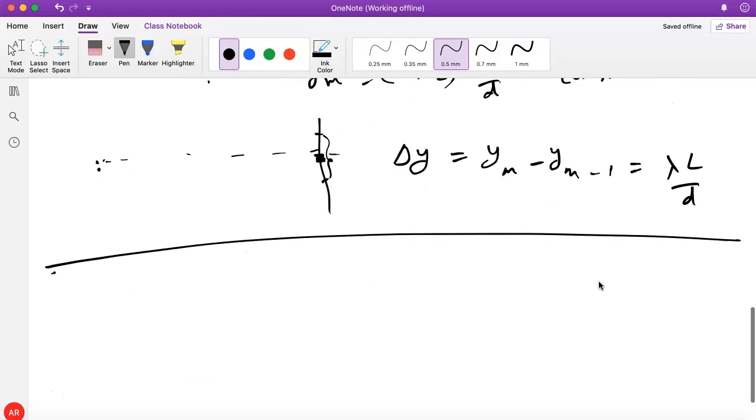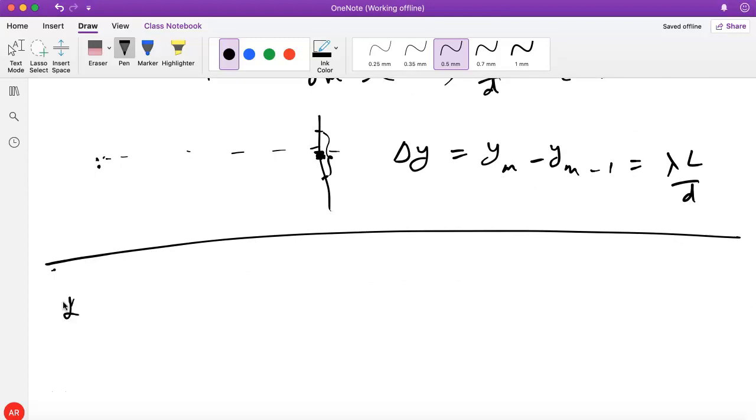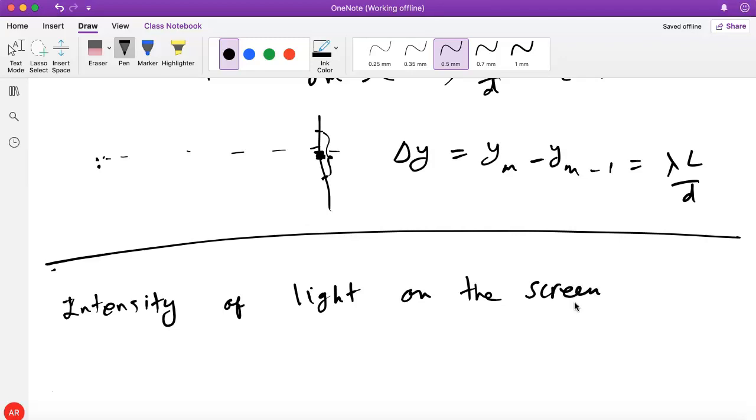So now I want to talk about the intensity of light on the screen. So far, we identified the places where they're maximally bright, we get constructive interference, or they're dark, we just have destructive interference. But of course, there are other points on the screen, and every point gets some superposition, right?